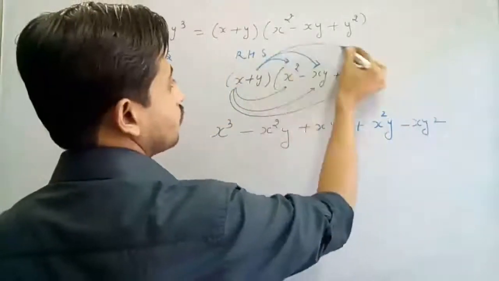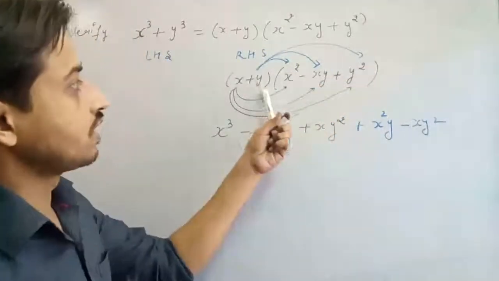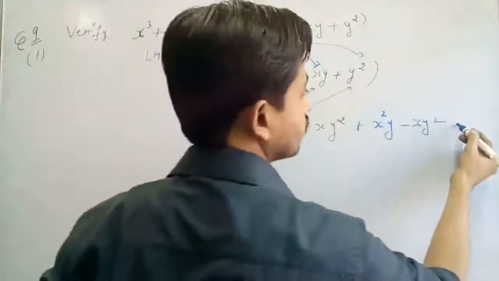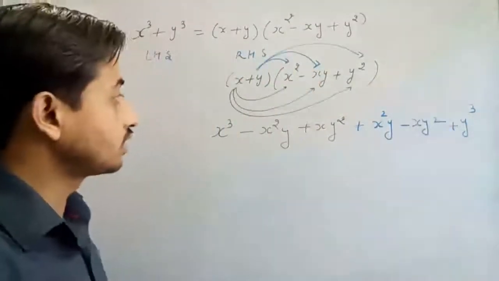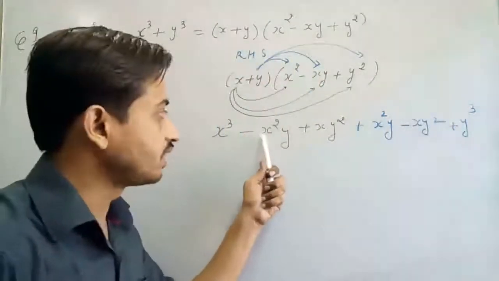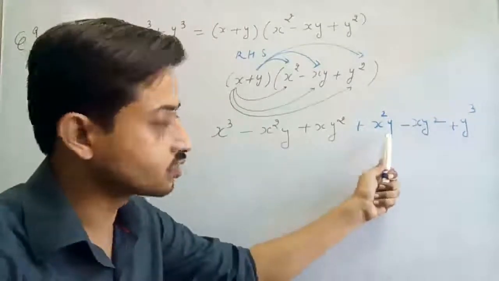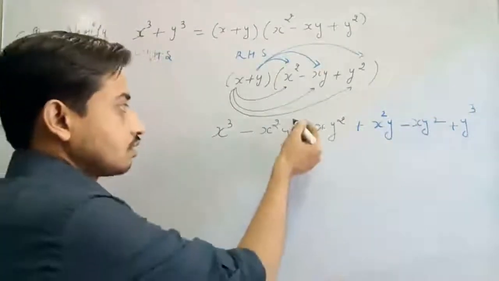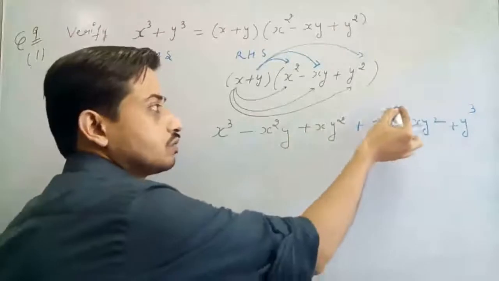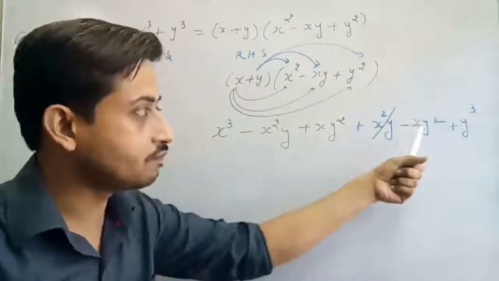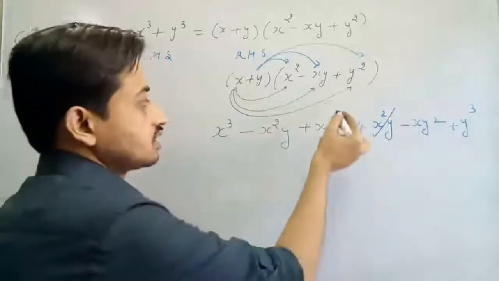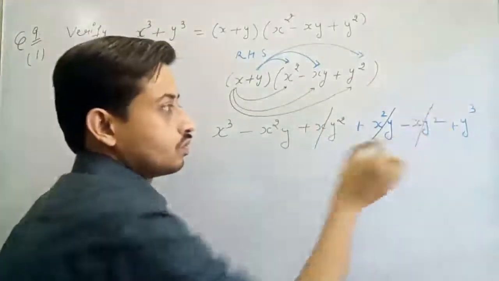Same, you have to multiply with the third term, y into y square, you get y cube. Now look at that term very carefully. This is minus x square y and this is plus x square y, so these terms are cancelled out. Now look at the second term, xy square, and this is minus xy square, so this term is also cancelled out.